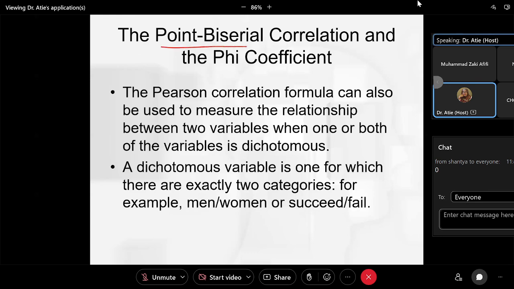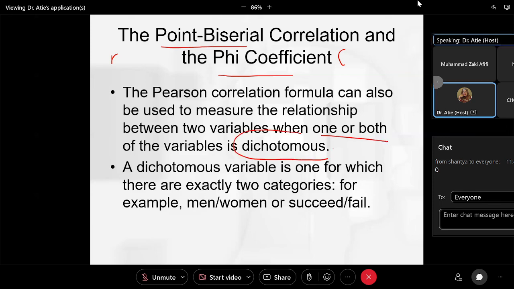The next correlation is called point biserial. This one uses the phi coefficient. Before, we used correlation coefficient R, but this one we use phi. It is slightly different. It is used when one or both of the variables are dichotomous.